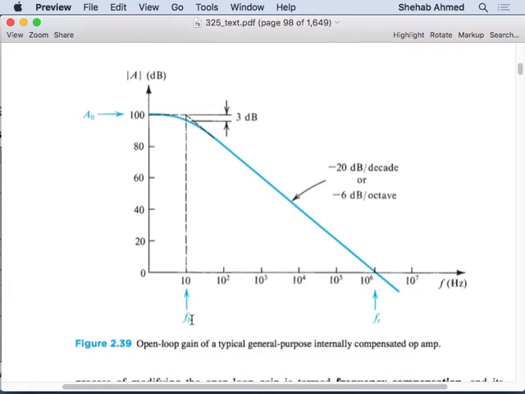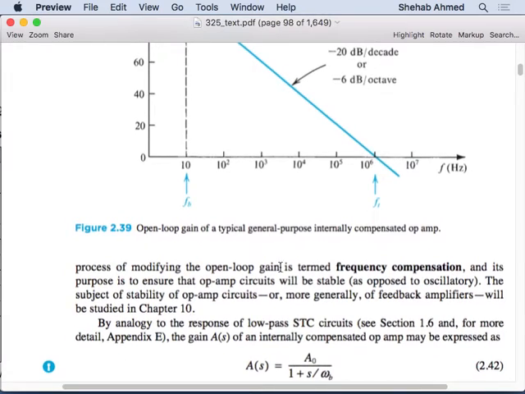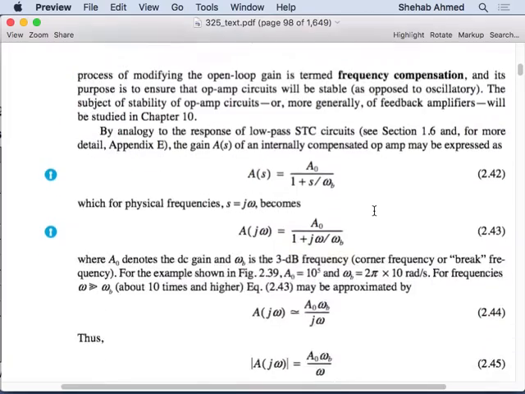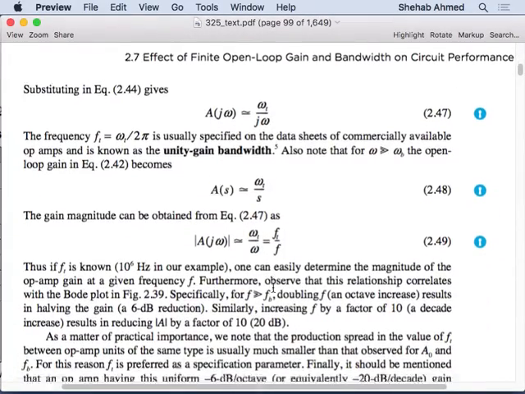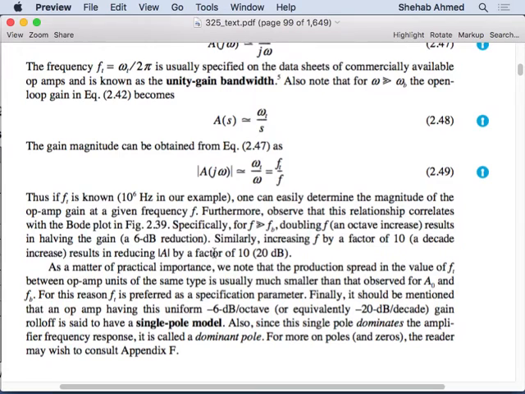But in the textbook, they also tell us that FT is what is typically specified in the datasheet. So here, we know that the production spread in the value of FT between op amps of the same type is usually much smaller than that observed for A0 and FB.